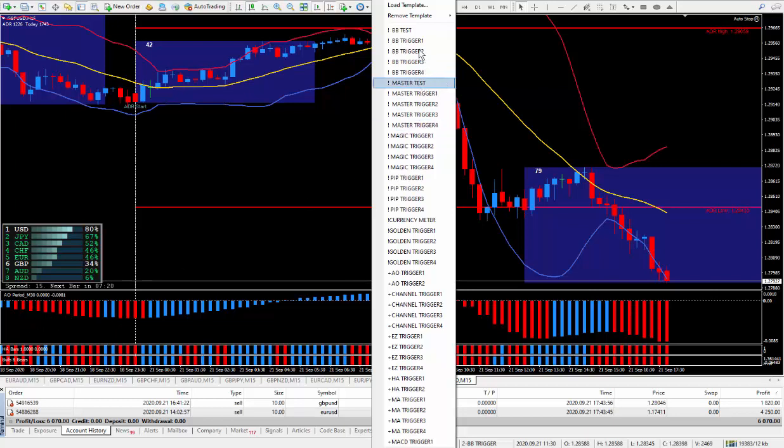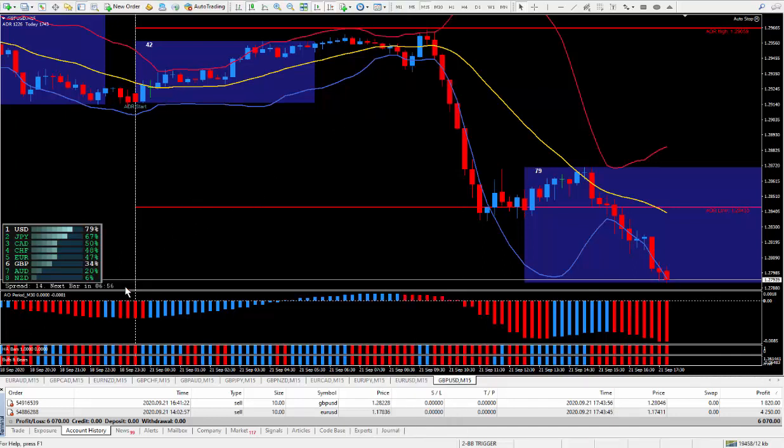And that's the default, the way I have all of them. As you can see, many trigger systems in here, and they have 4 templates. If it has 4 templates, it has the multi-time frame indicator within the system and the template. So moving forward now, let's take a look.